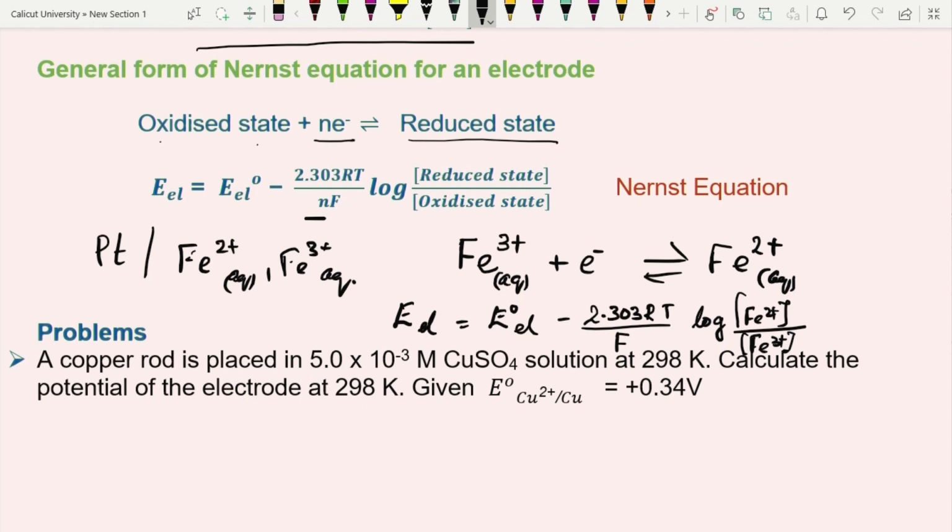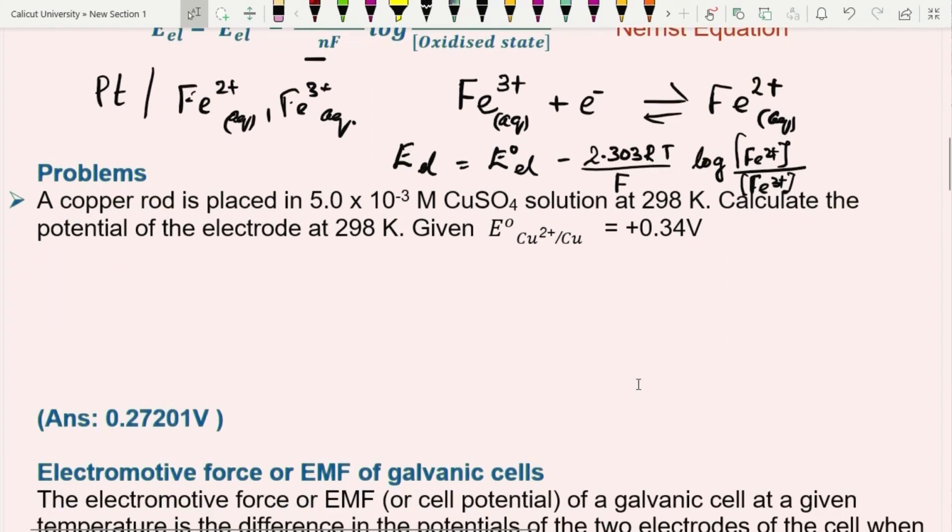Now, let us see how to solve the Nernst equation for this example. Here a copper rod is placed in a solution whose concentration is 5 into 10 to the power minus 3 molar, and the temperature is 298 Kelvin.